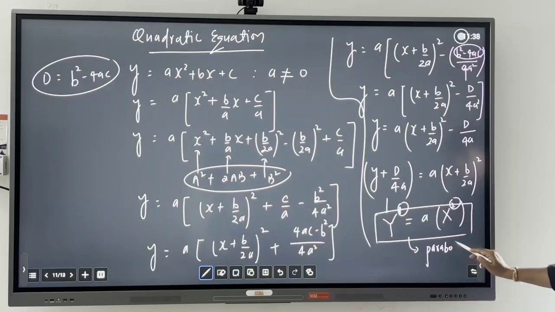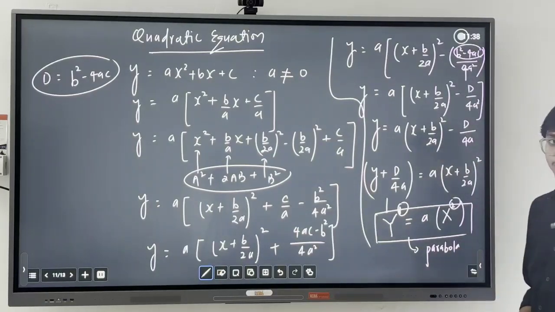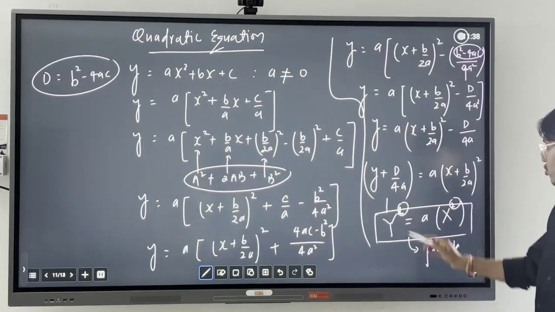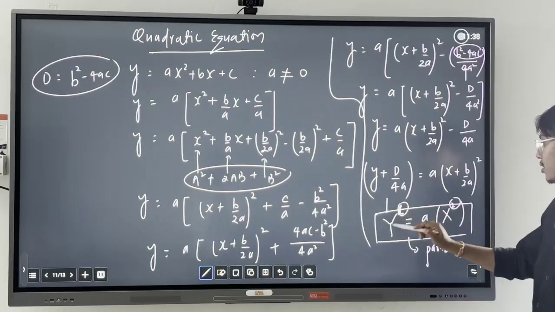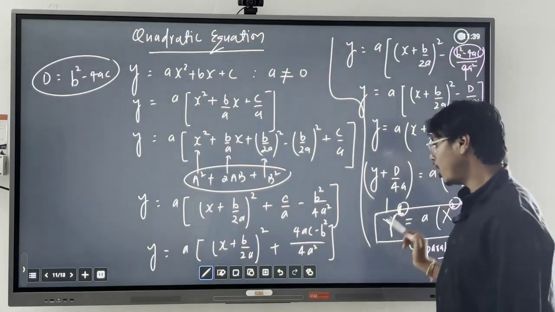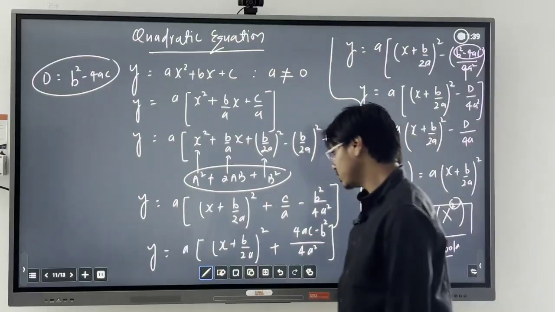So the graph of a quadratic function will always be a parabola, and the parabola is symmetric about the axis on which the power is linear. So in this equation the linear power is in y, hence the parabola will be symmetric about the y-axis. So how to draw the graph of this equation?